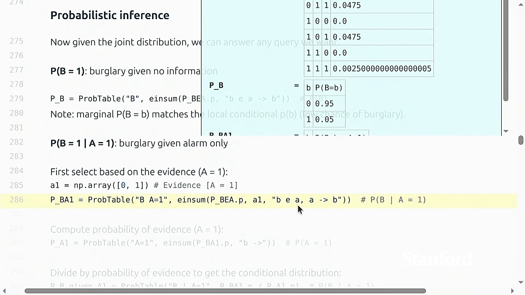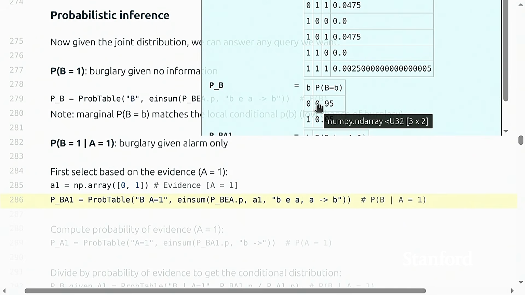And here, I'm also simultaneously going to erase E and A, because I marginalize them out, as I'm only interested in B. So you can kind of see why einsum is so powerful, right? Because I'm doing two things here: I'm both selecting and marginalizing at the same time.